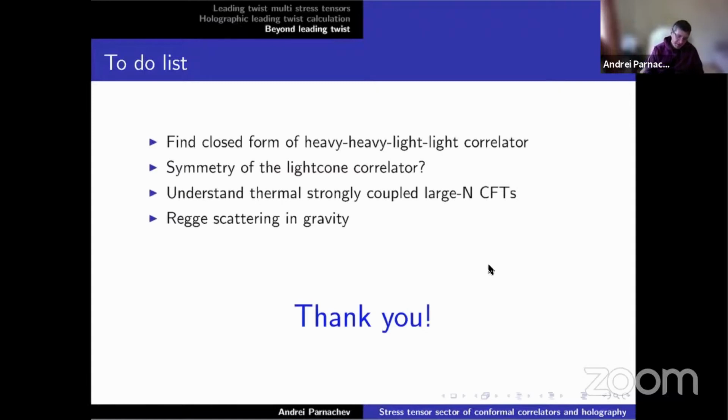And a related question is, is there some symmetry behind the light-cone correlator? So in 2 dimensions, this Virasoro vacuum block appears and is so nice because of the Virasoro symmetry. And there are by now a lot of hints which tell us that there is some kind of symmetry which governs the near light-cone limit of correlators in higher dimensional CFTs.